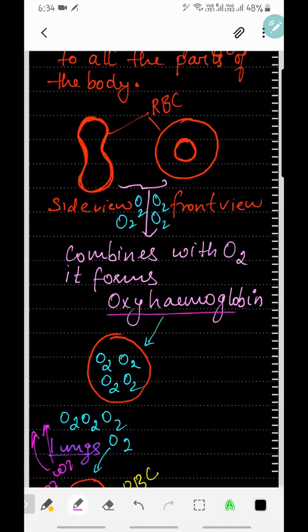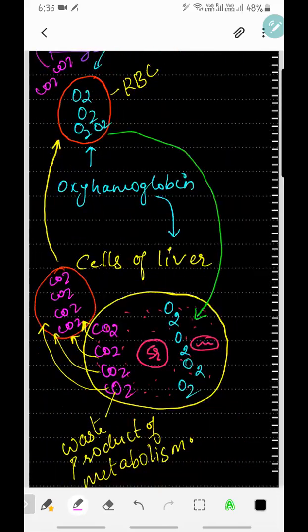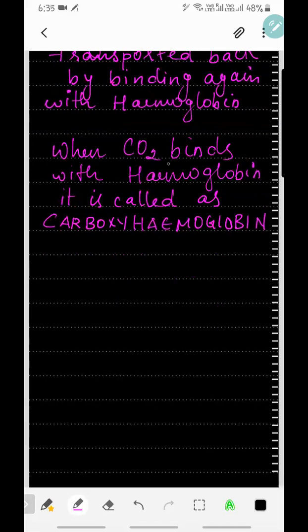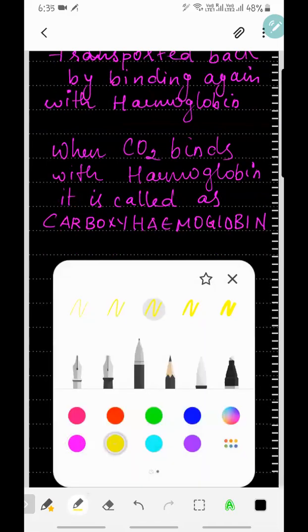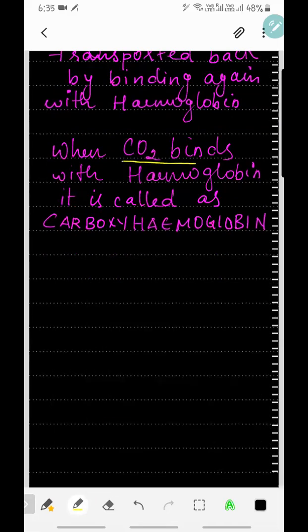You can see here, when O2 combines with hemoglobin to form oxyhemoglobin. When CO2 binds with hemoglobin, that is called as carboxyhemoglobin.